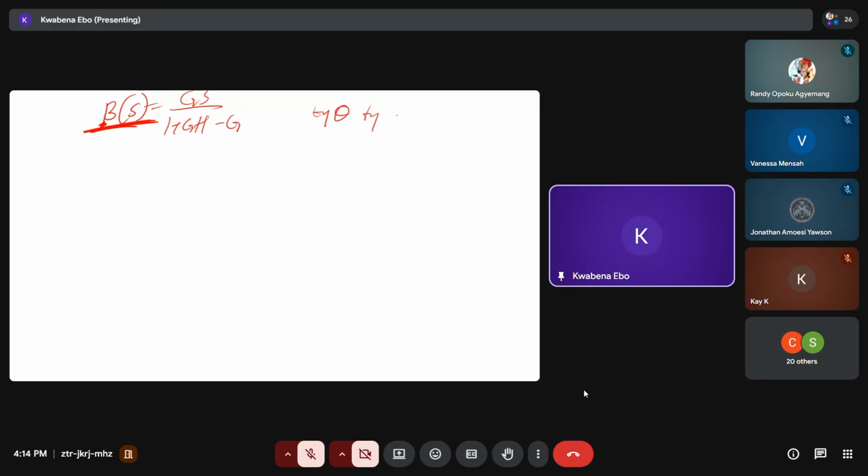It hardly works that way. We'll solve a question and then you look at it, but I'm just making you aware. So this is how to change from a non-unity to a unity feedback system.